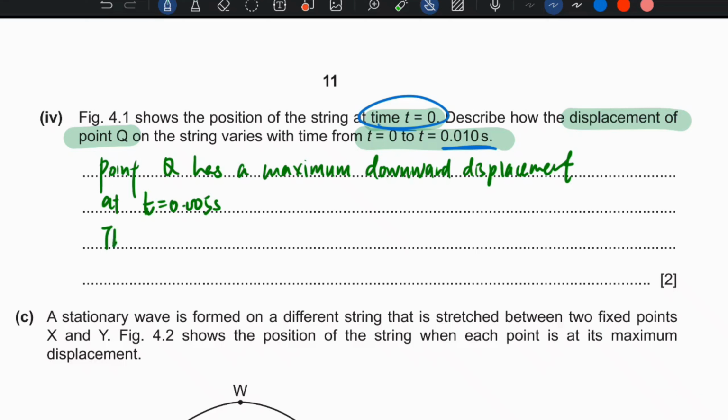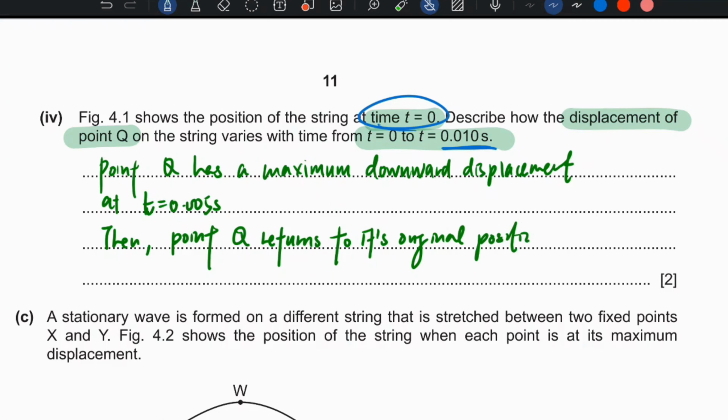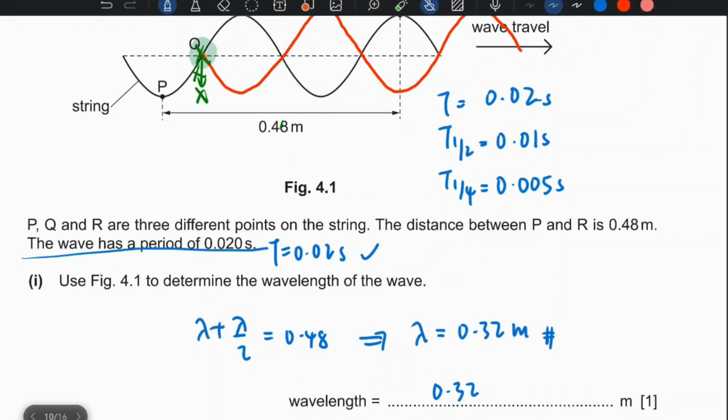Then point Q returns to its original position at t equals 0.01 seconds. Because first it came down, reaches a maximum downward displacement, then another quarter cycle, it goes back up here. So in simple words, the motion of point Q is it goes down, then it goes back up here.